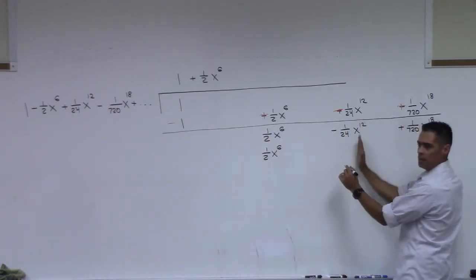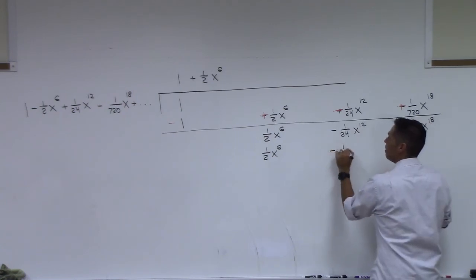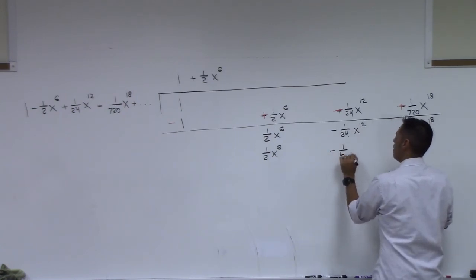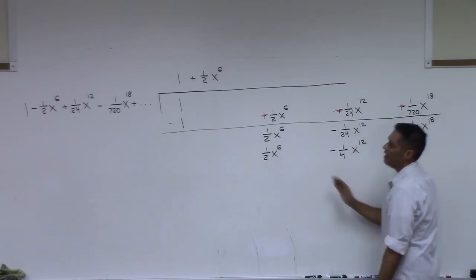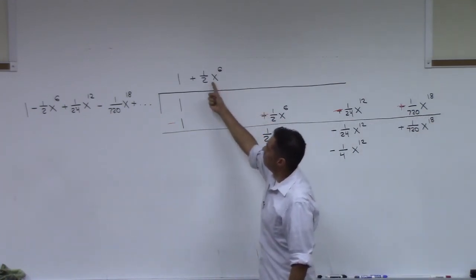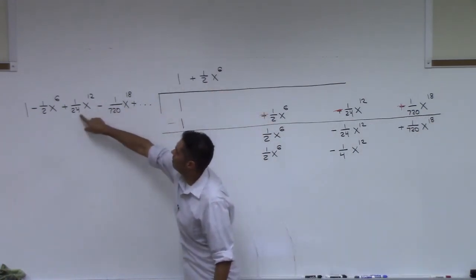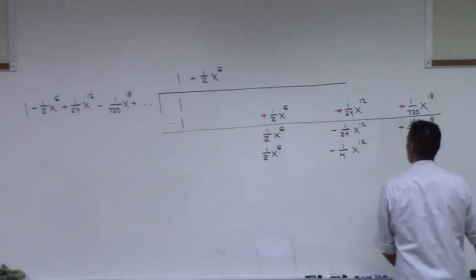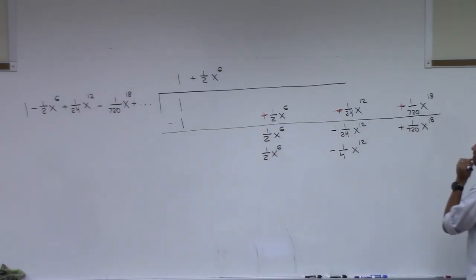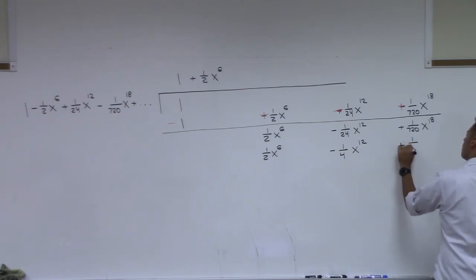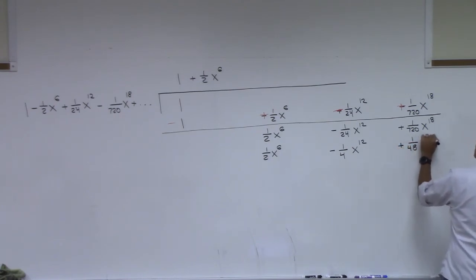So minus 1/4 x to the 12th. Right here, right? Minus 1/4 x to the 12th. What's the next one? Here times here, right? So plus 1 over 48 x to the 18th.